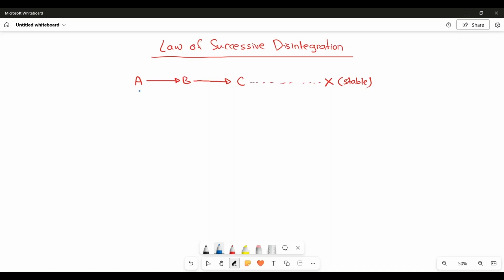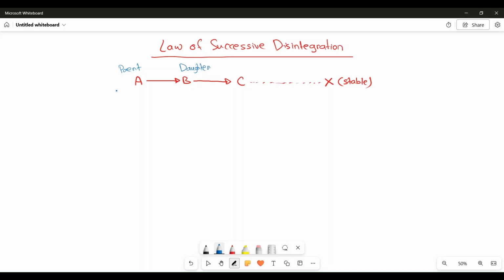Okay, so here we will only deal with A and B basically. We are getting B from A. The initial element, we call it the parent, and B is the daughter.